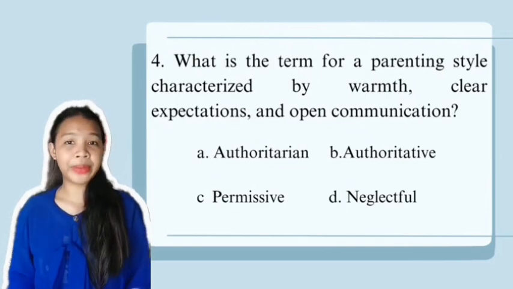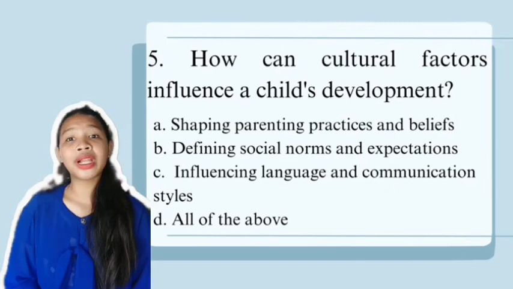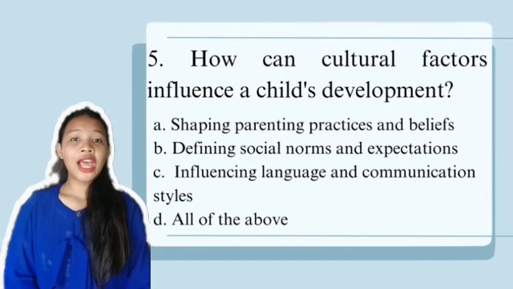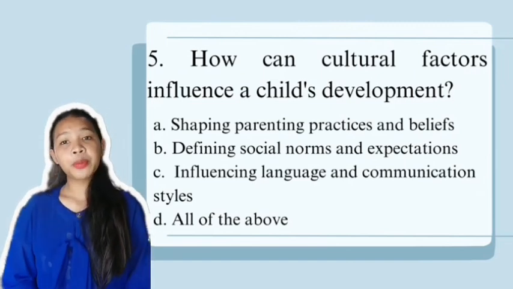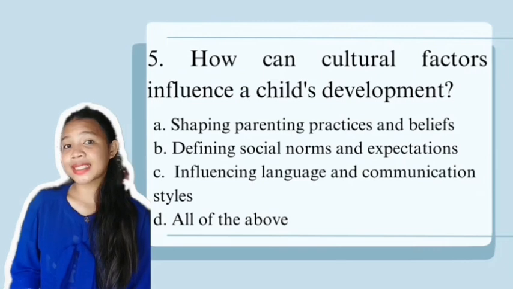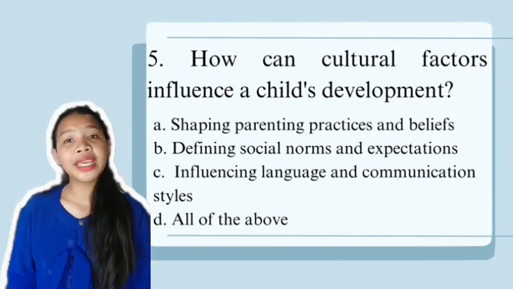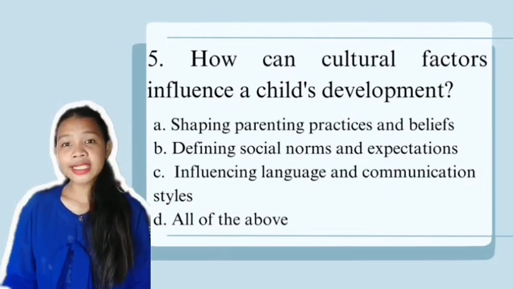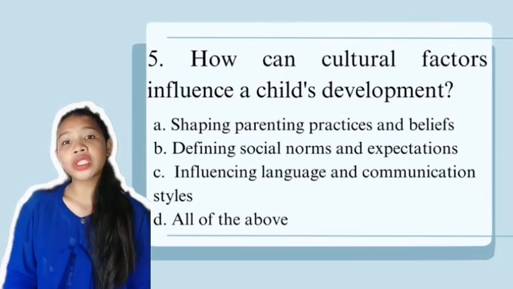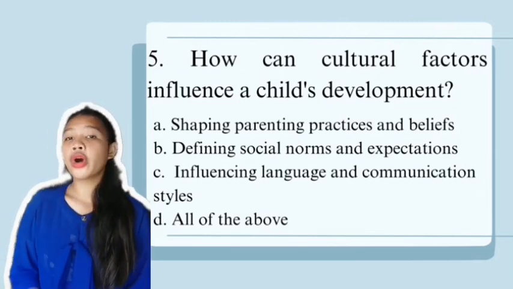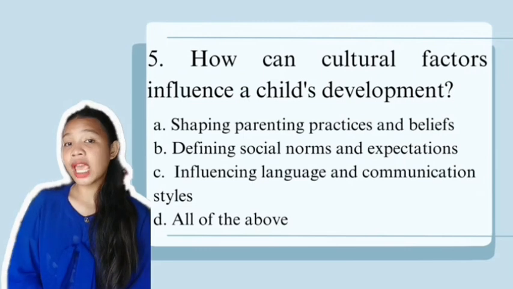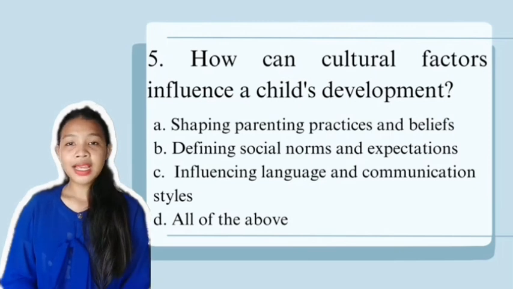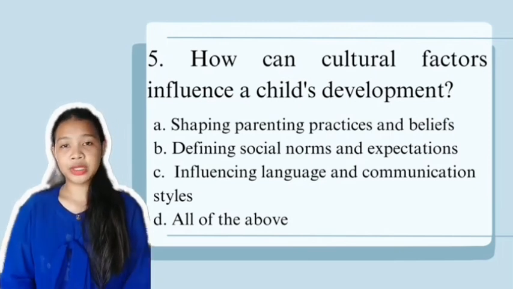So number 5, how can cultural factors influence a child's development? Letter A, shaping parenting practices and beliefs. Letter B, defining social norms and expectations. Letter C, influencing language and communication styles. Or letter D, all of the above. So done? Now let's proceed to number 6.